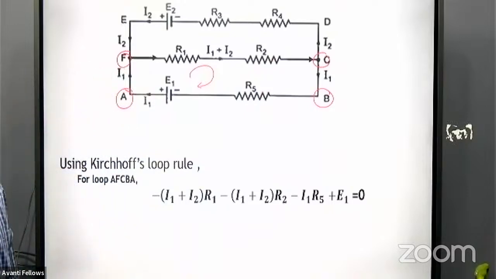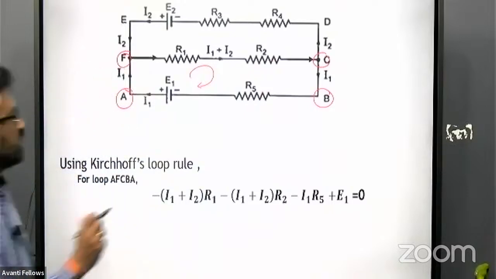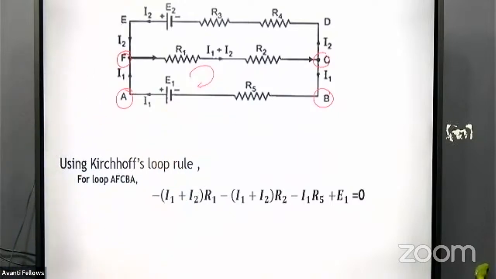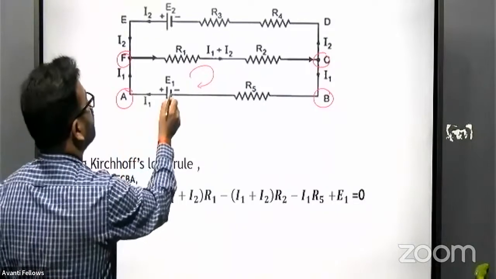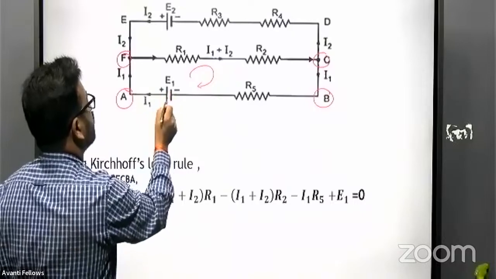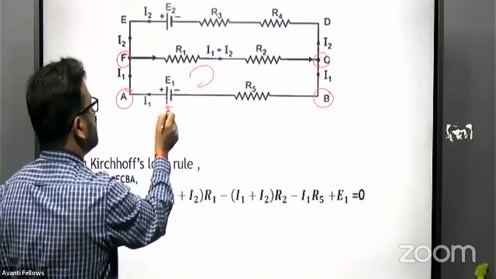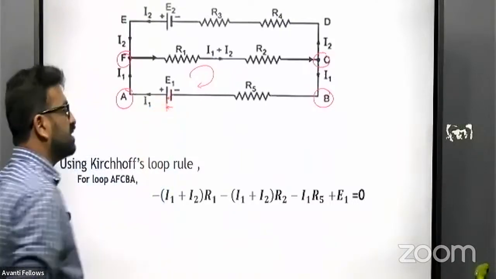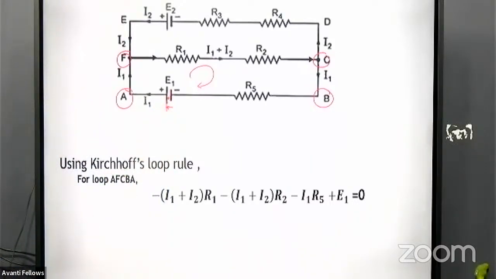Then it is I1 R5, then E1. Here it is coming from negative to positive through the electrolyte, so the cell should be taken as positive. So plus E1 equals 0.